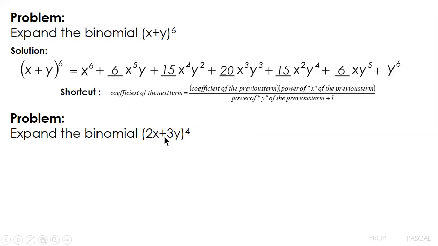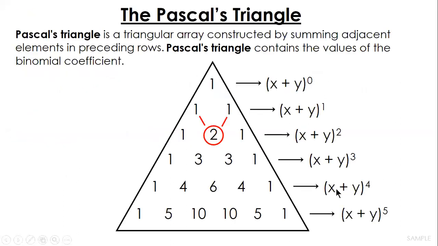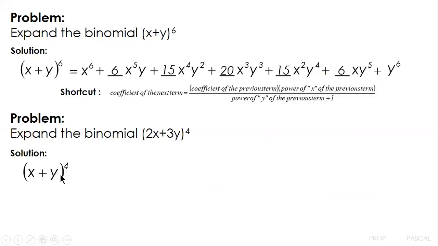But so you won't be confused, you will start with the basic one without coefficients. So, since n here is 4, let's expand x plus y raised to 4. Going back to Pascal, this is the expansion of x plus y raised to 4. These are the coefficients: 1, 4, 6, 4, 1. And then for the variables, let's use the properties, like the power of x decreases while the power of y increases.